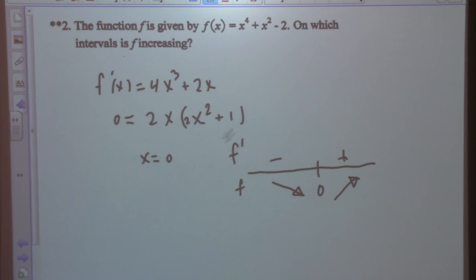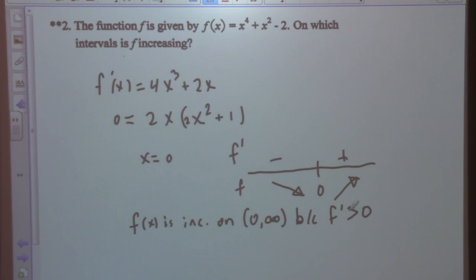What is our answer? f of x is increasing on 0 to infinity, and again our justification is because f prime is greater than 0.